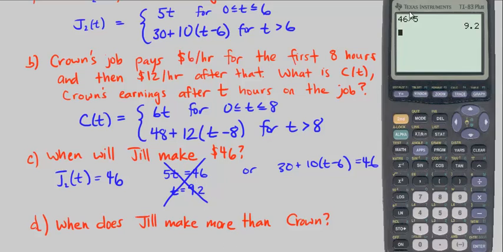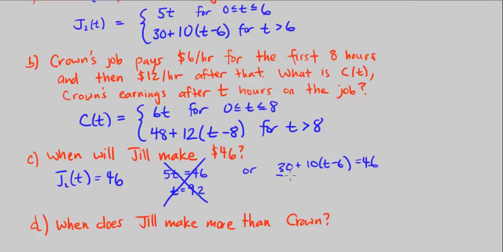So let's look at the second equation, right? The second piece is 30 plus 10 times (t minus 6) equals 46 because we want to check where she's making $46. So let's solve this equation. Let's distribute the 10. So we have 30 plus 10t minus 60 equals 46.